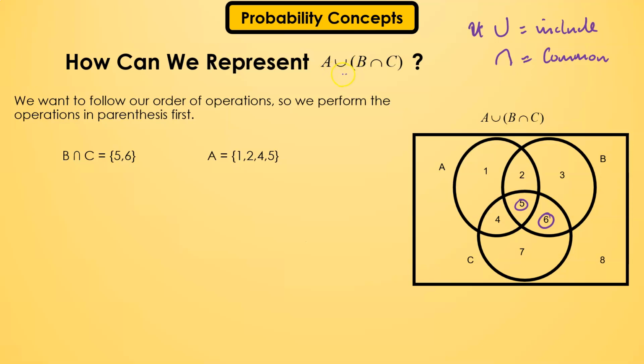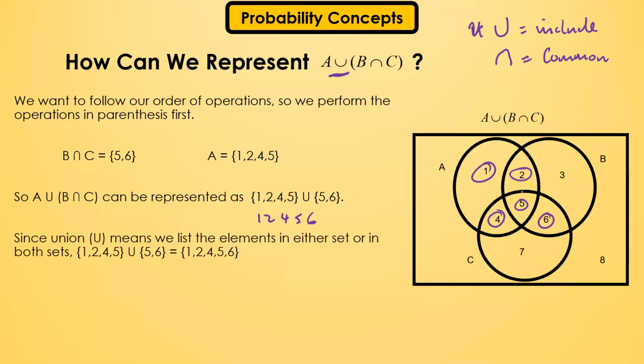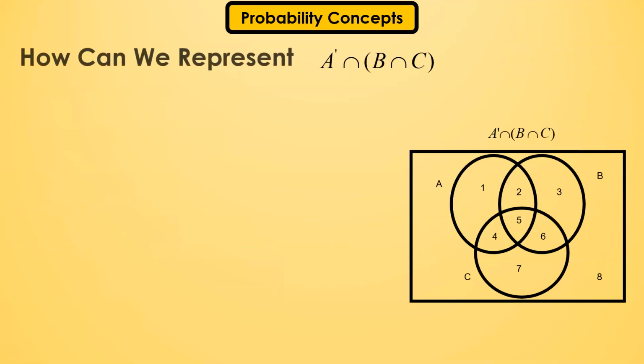So because we have a union, we include everything. So it can be represented by 1, 2, 4, 5, and 6. So we end up shading in these areas, and nothing else is shaded in. So it's the exact same as yesterday.